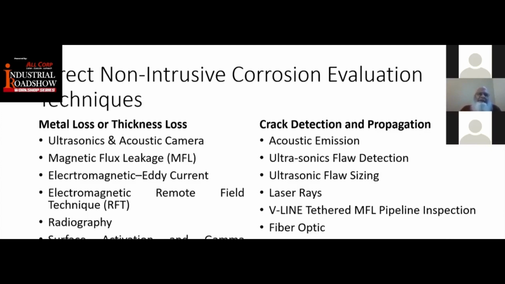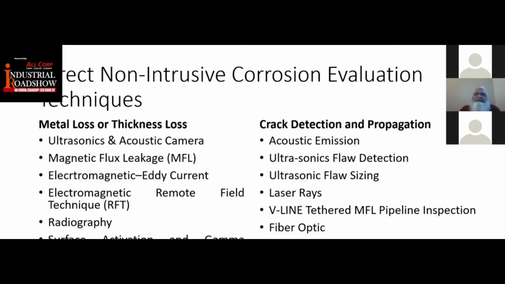The metal loss or thickness loss is measured by ultrasonic and acoustic cameras, magnetic flux leakage, electromagnetic eddy current application, electromagnetic remote field techniques, radiography, surface activation and gamma radiometry, electrical field mapping, and electrical field signature methods. Then there are the techniques used to detect cracks and the propagation of cracks.